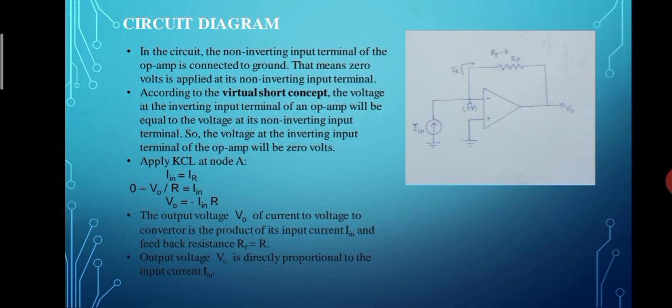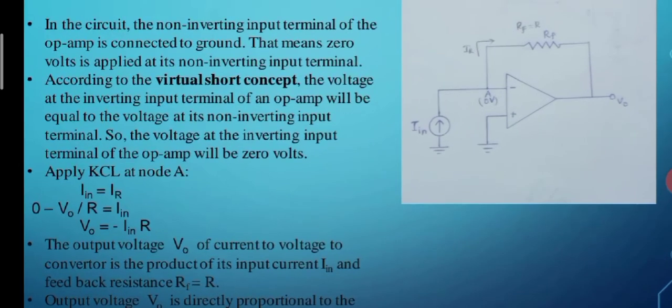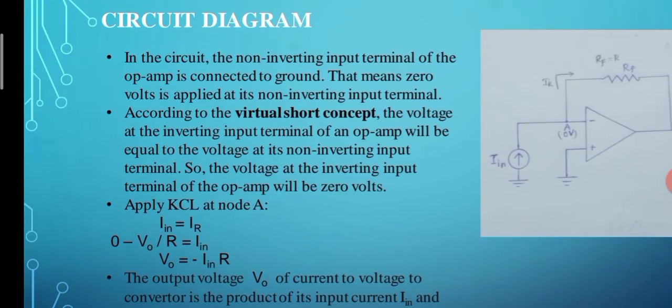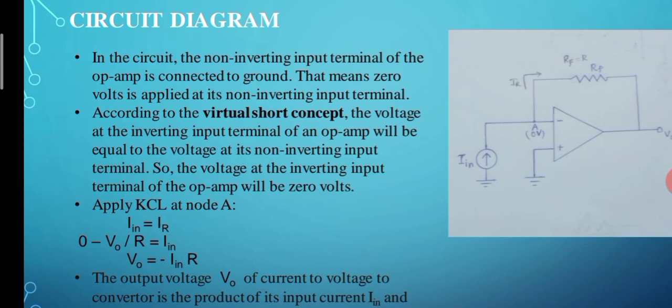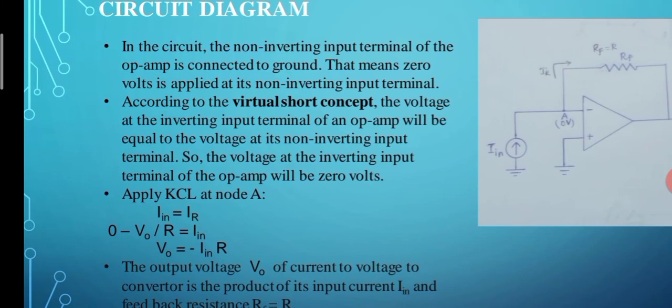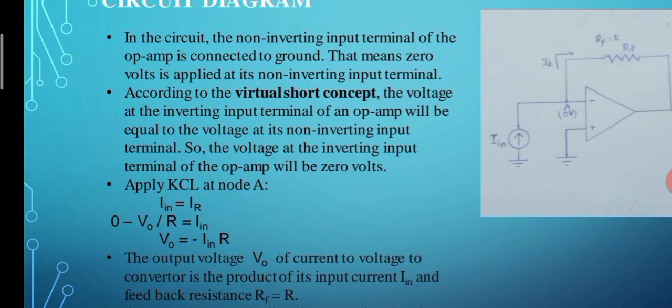We are considering the node A and applying KCL. IIN current is entering the node A, and IR is the current leaving through the feedback resistance. The feedback resistance is maintained as RF, which is equal to R. IIN is entering and IR is leaving.